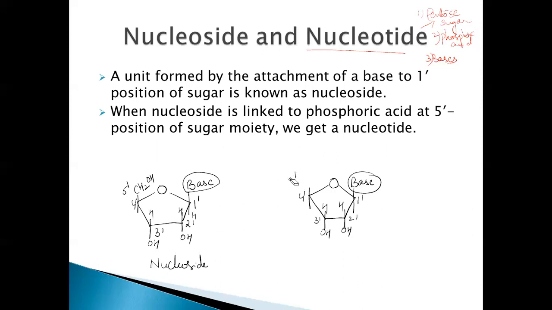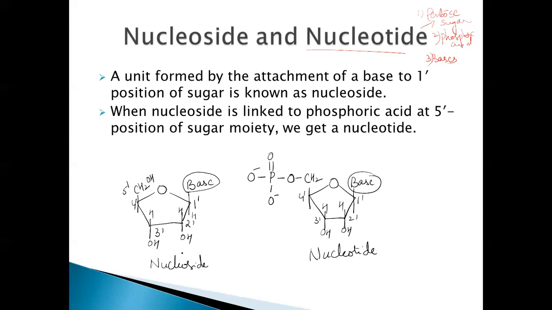So here, what do I write now? Instead of CH2OH, I'll attach now to this the phosphate group. So O, P. So this is a nucleotide.